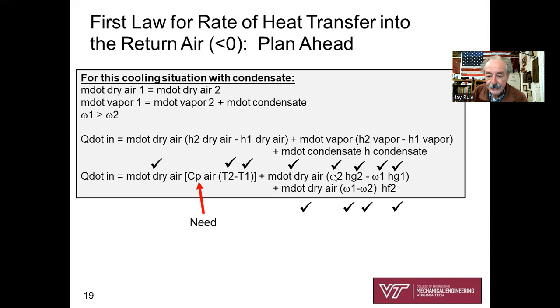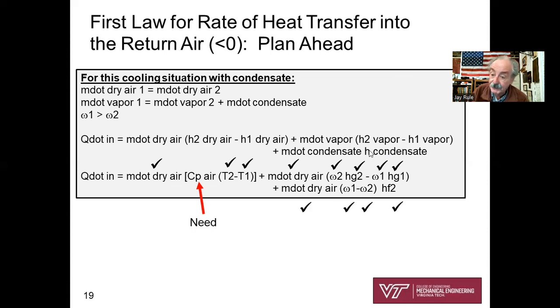I've got m dot dry air times omega 2, that would be m dot of the vapor at state 2, Hg2, minus m dot of the dry air times omega 1, Hg1. Okay, so I have gotten the correction. I have fixed my typing blunder. I've still got to calculate. So let's see, I've got condensate leaving. I've got to compensate for that too. So in my first law, I've got to add a little term here.